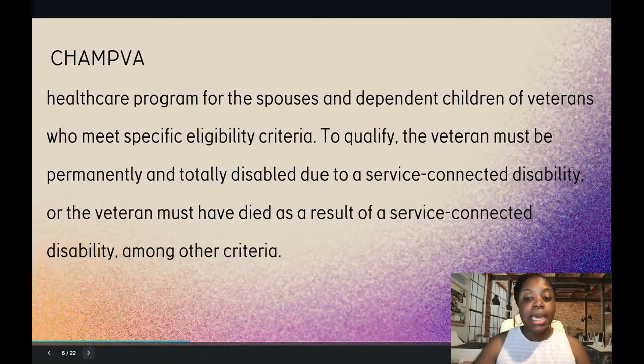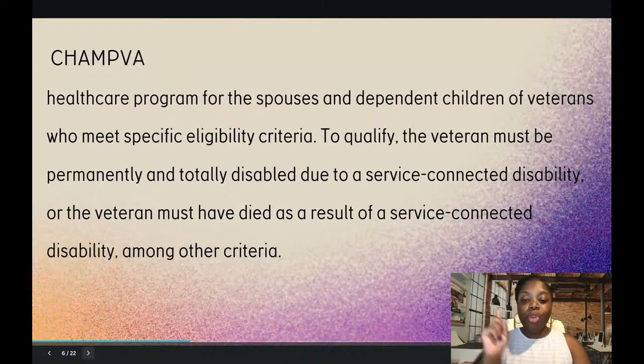The criteria is that this veteran needs to be permanently and totally disabled due to a service connected condition, meaning that they were actively serving in their role and during that time became permanently and totally disabled. It can also be for a veteran who may have died as a result of serving our country. In these two cases, their dependents and spouses could qualify for CHAMPVA insurance.